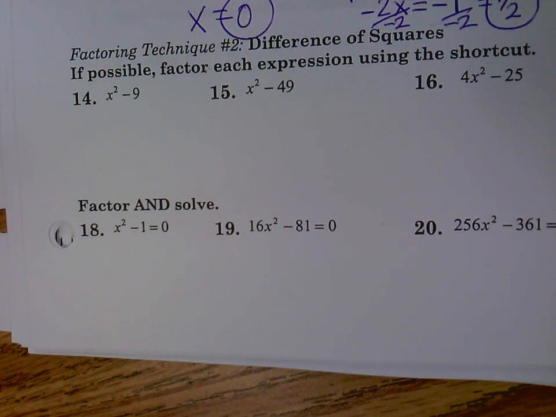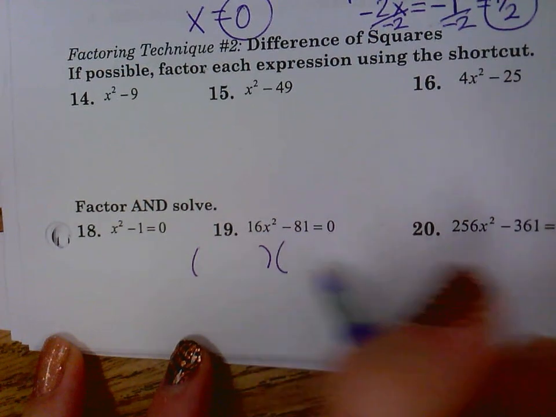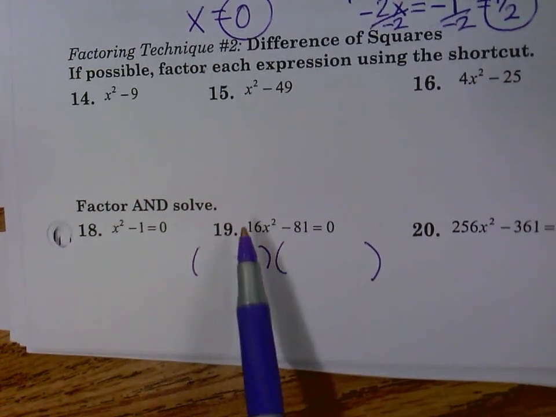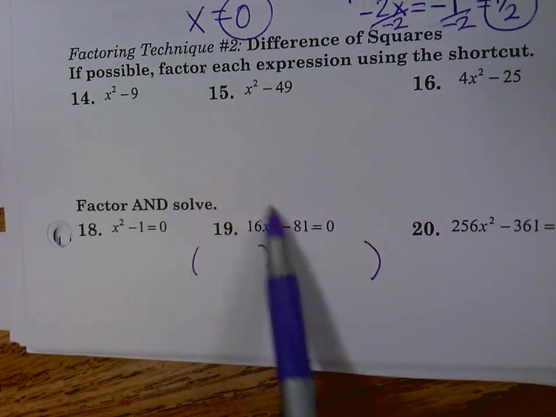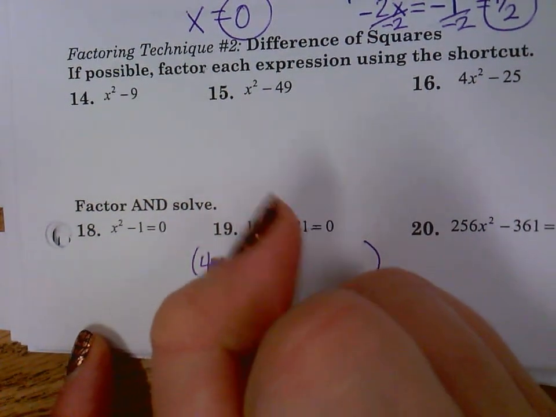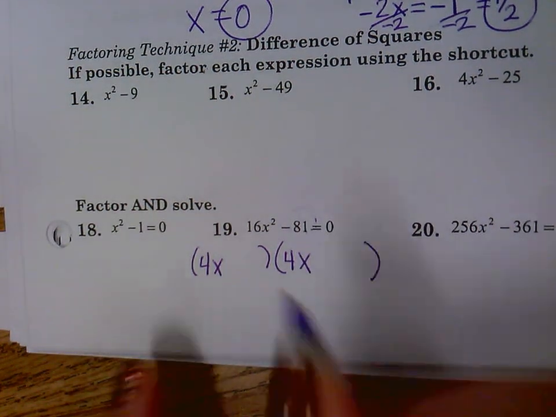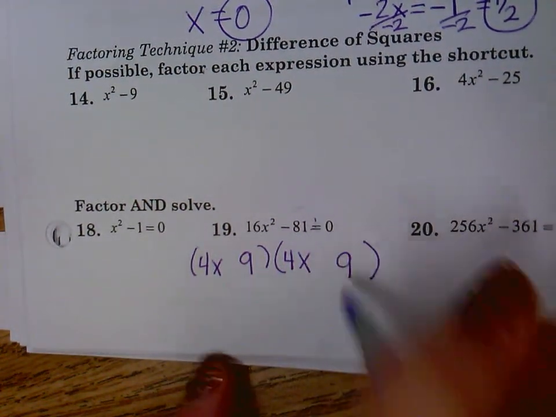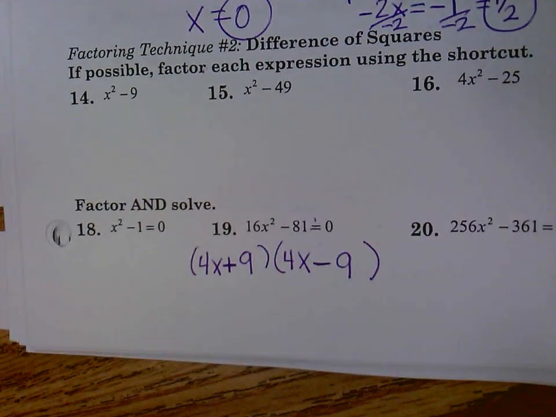The way you factor it, you put two binomial parentheses, and you take the square root of each of those terms. Square root of 16, so I would get 4x and 4x. And then the square root of 81 is 9. And then you give one of the parentheses a plus and one of the parentheses a minus.